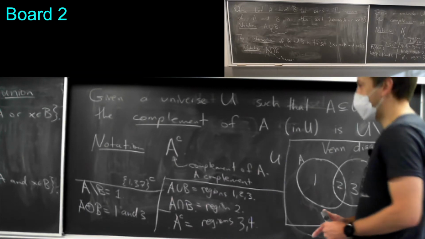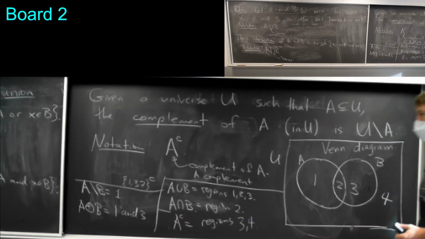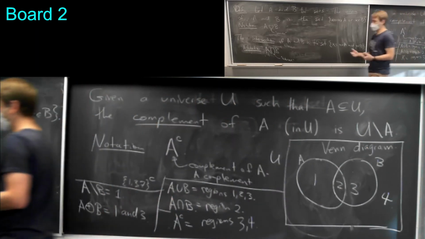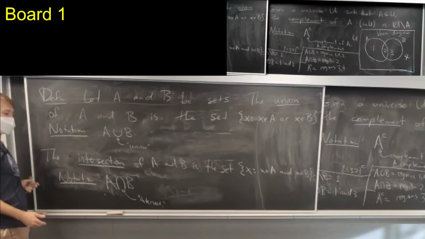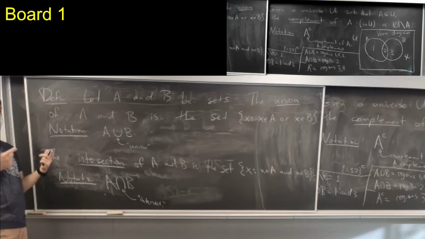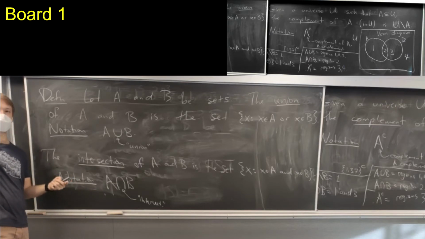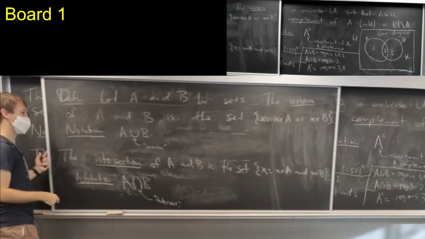I would recommend really internalizing these definitions. In the same way, when we did logical connectives, I guess everyone would agree it was super important to know what these little ands, ors, implications mean.